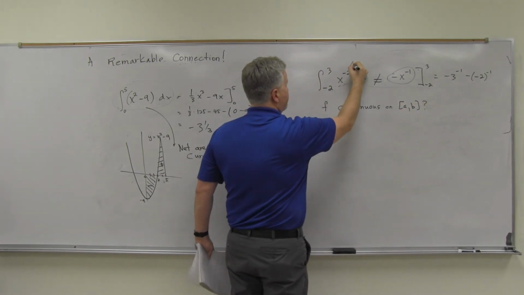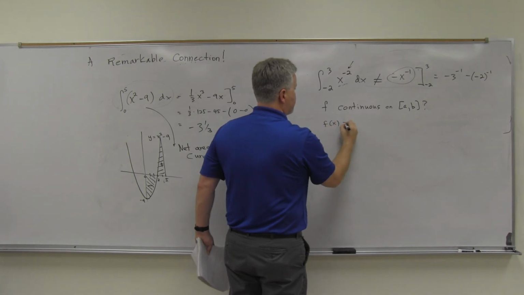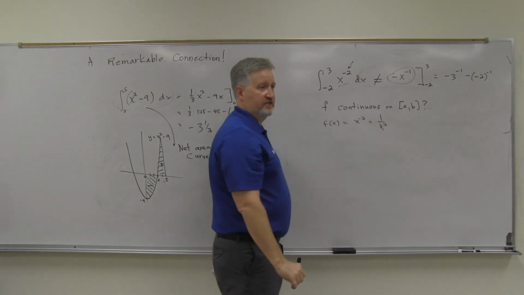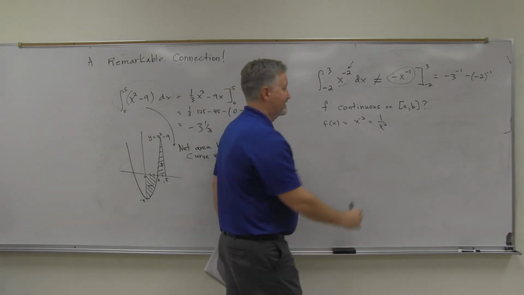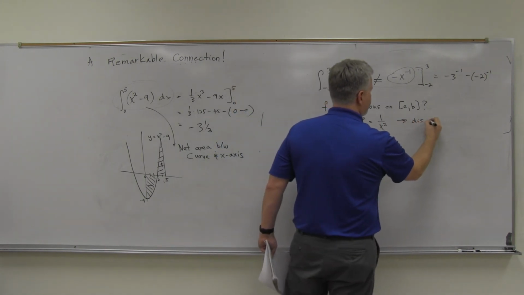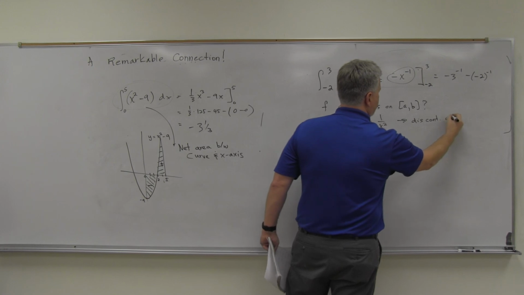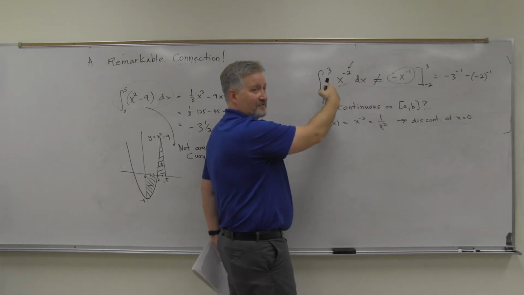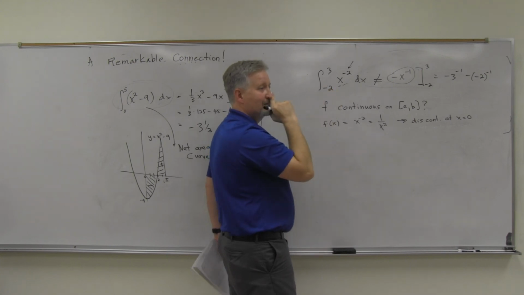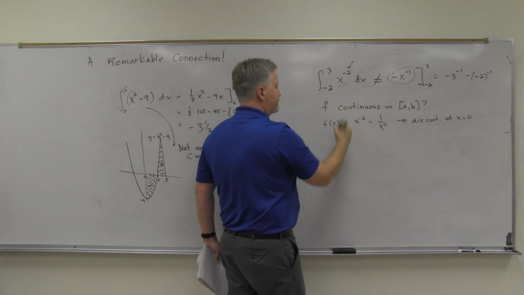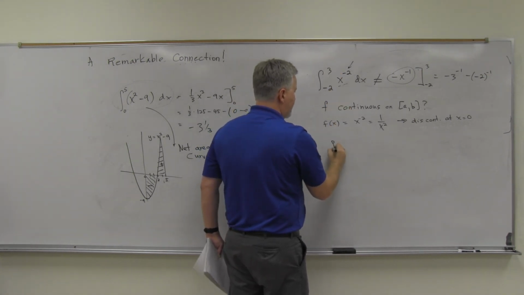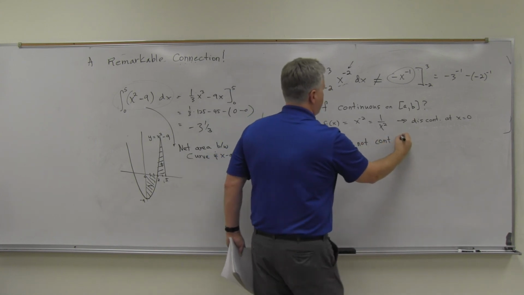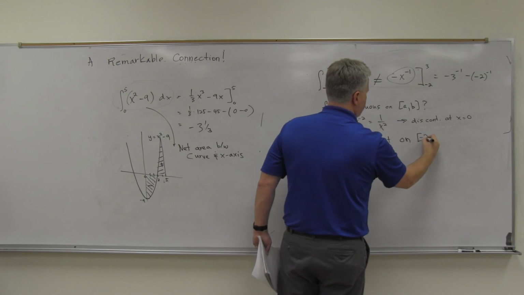So f of x is x to the negative 2. That's 1 over x squared. Where is f discontinuous? It's 0, isn't it? Is x equals 0 in between those two? Yes, it is. Okay? So f is not continuous on negative 2 to 3.